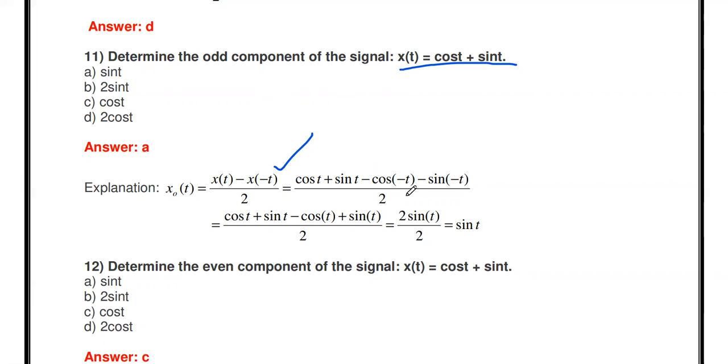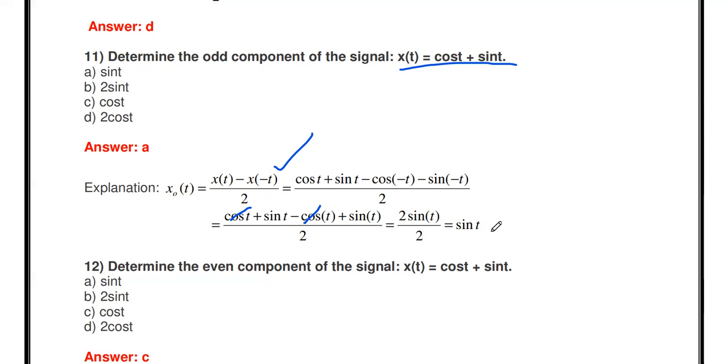Cos of minus theta can be written as cos theta. Then sine of minus theta can be written as minus sine theta. So minus of minus is converted to plus. Okay, so cos t plus sine t minus cos t plus sine t. Here the cos t cancels. Then 2 times sin t will come. So 2 sin t divided by 2.